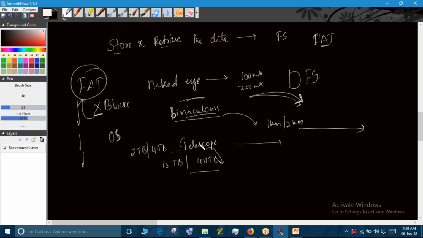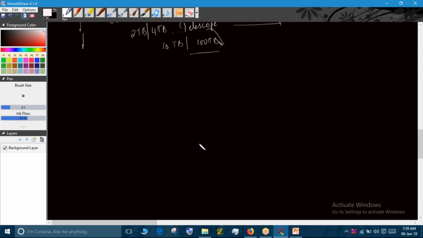When my storage need goes beyond my manageable limit, then what do I need? Hadoop. No. We need to divide this into two parts.